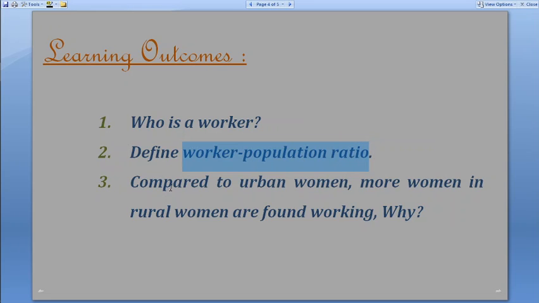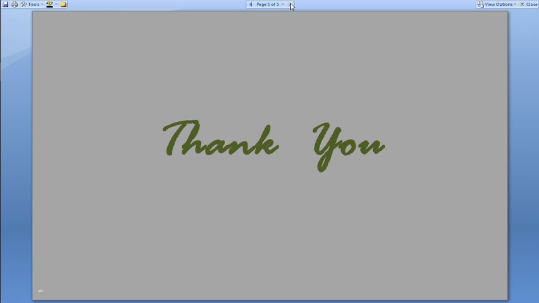And you can also compare women, urban and rural, and why rural women are found working more in terms of percentage than urban women. So that's about today. This is the first class, like mentioned, of this chapter. So we'll learn more about employment in our future subtopics.